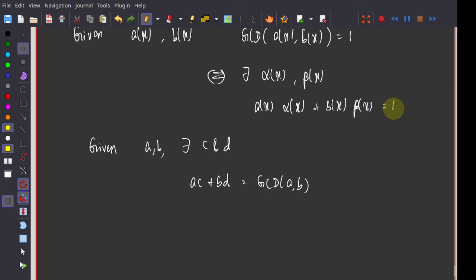Okay, that's a surprising result, but we will prove this. We'll prove both: that if the GCD is equal to 1, then this is true, and if this is true, then the GCD is equal to 1. This basically follows from this, right? Okay, so let's stop here. Any questions?